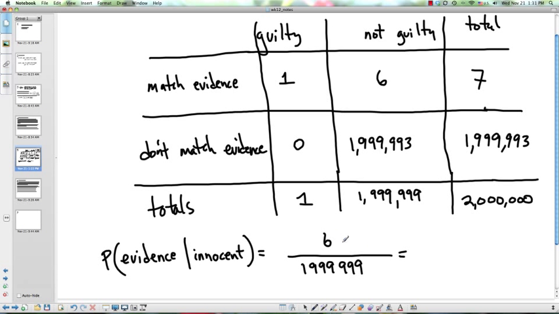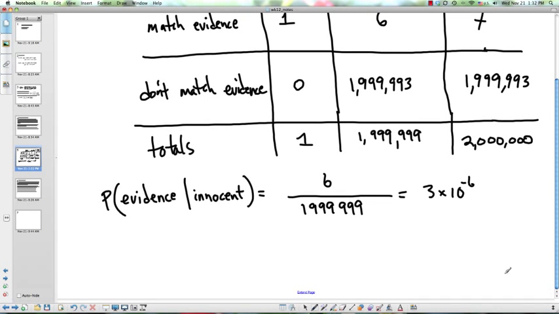And so we'll divide 6 divided by 1,999,999. So let's see, 6 divided by 1,999,999. The calculator comes up with an answer of, you might see it, 3 times 10 to the negative 6. Because you might see it that way, if you did this, I'll write it that way.